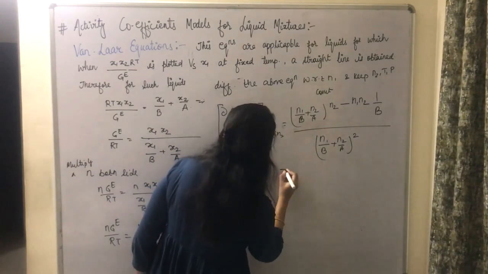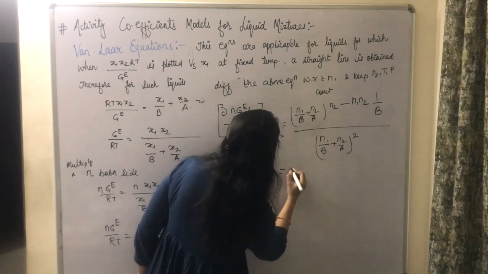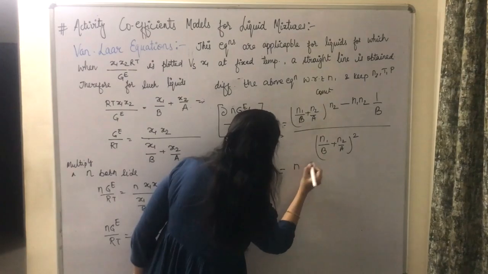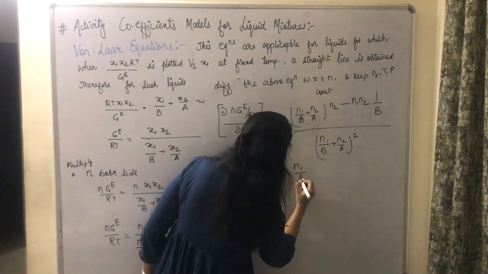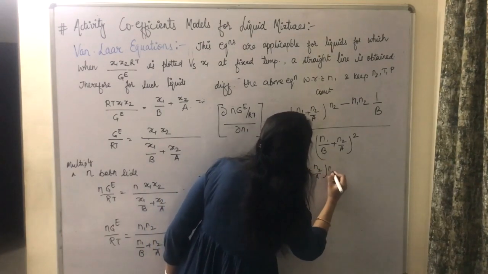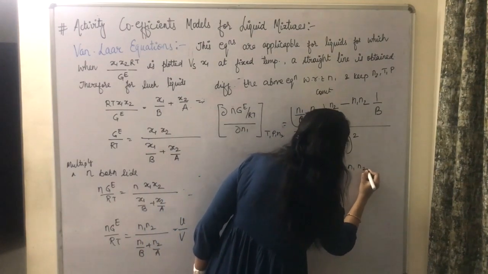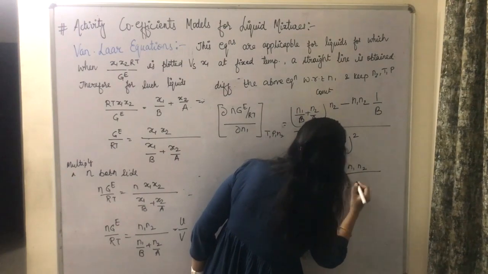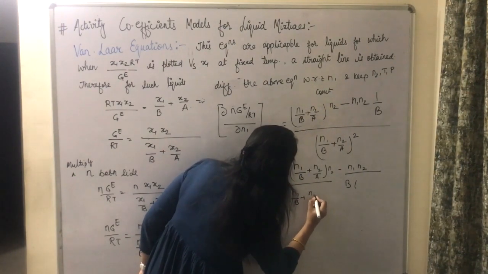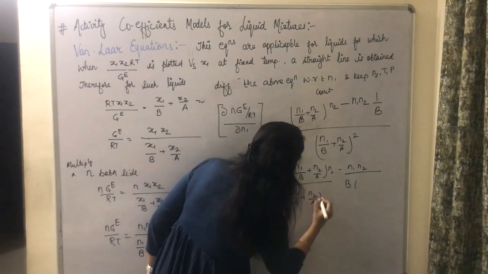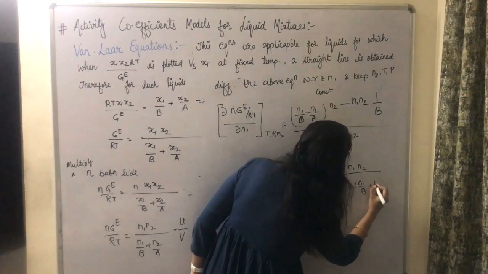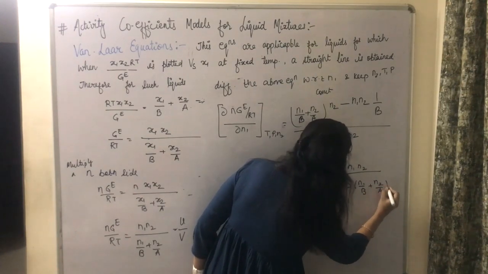Now here in place of this, let's just write down one more step: n2 minus n1 n2 b, here it is (n1 upon b plus n2 upon a) whole square. Here again (n1 upon b plus n2 upon a) whole square.